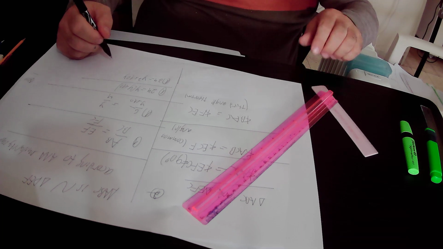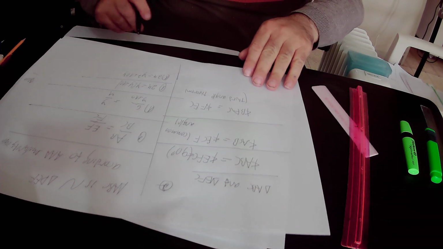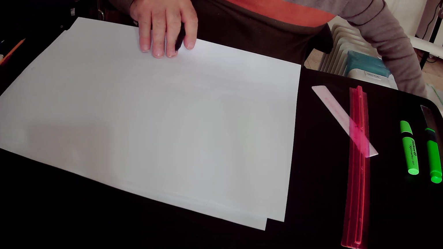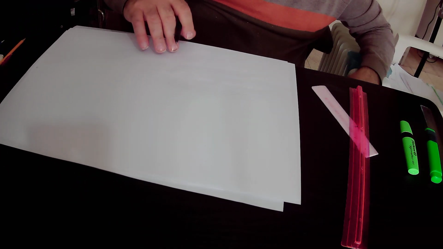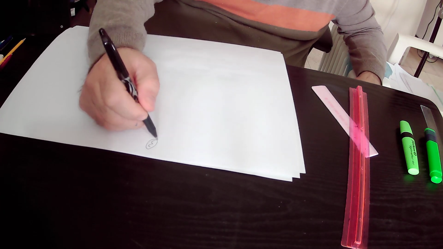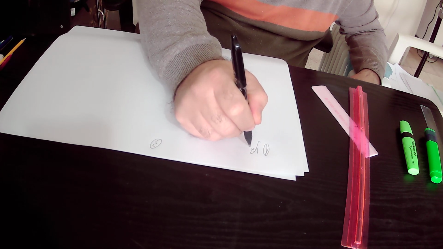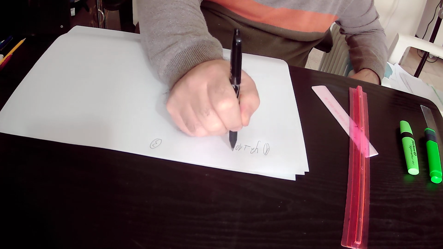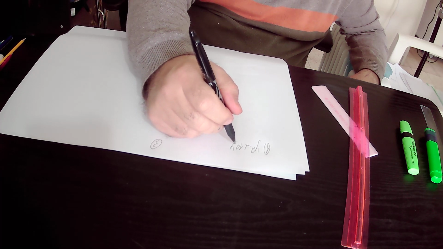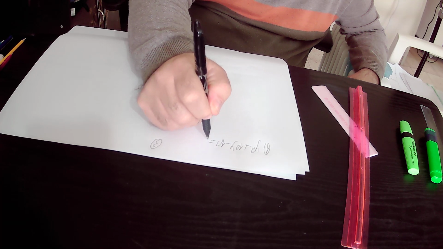We will subtract 24 from this equation, and we will have here a quadratic equation: y squared plus 10y minus 24 is equal to 0.